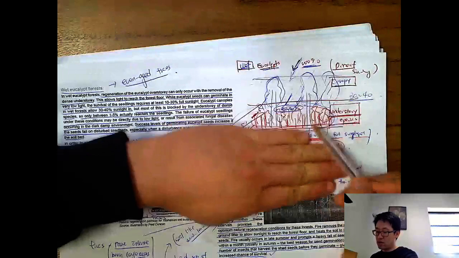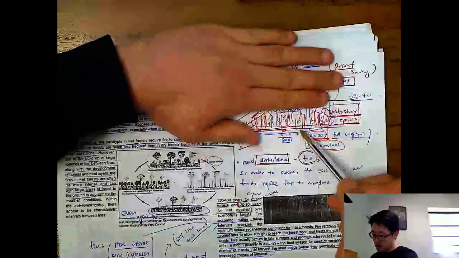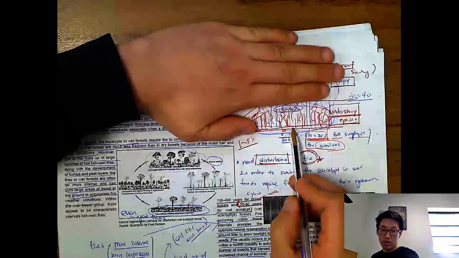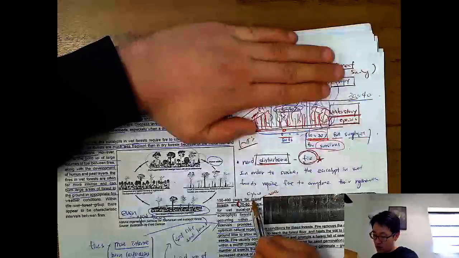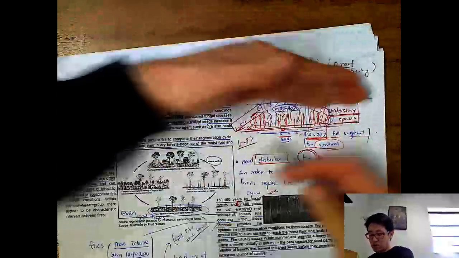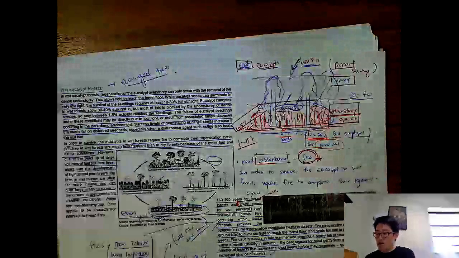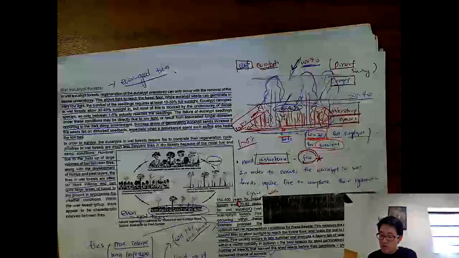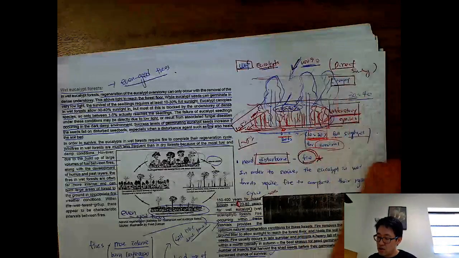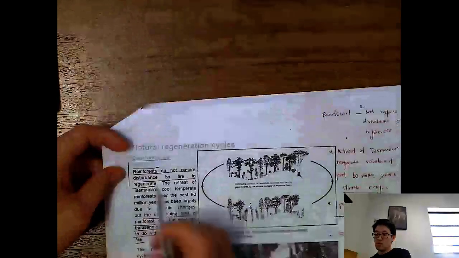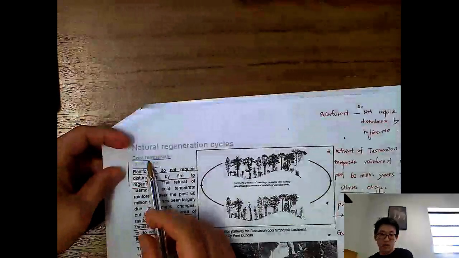it becomes a mixture of wet eucalypt forest in some parts and cool temperate rainforest components together. Therefore, we call it mixed forest. And after that, when these mother trees are all gone, because their life is 350 years, around 400 years after that, you only see pure cool temperate rainforest.